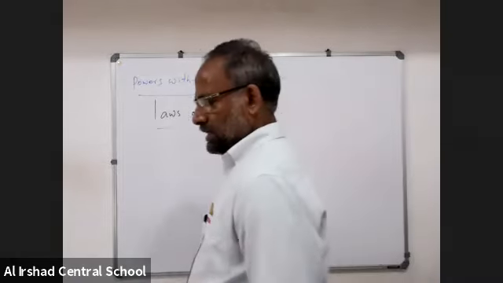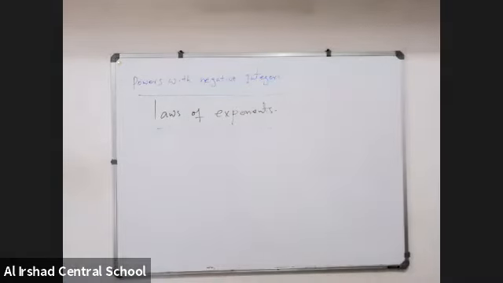I can see your notebook; show me the notebook page. All of you write the laws of exponents, 5 or 6, whatever they are. At least 5, write and show me. What are the laws of exponents? Because we will use that for negative exponents. Write fast and tell me.